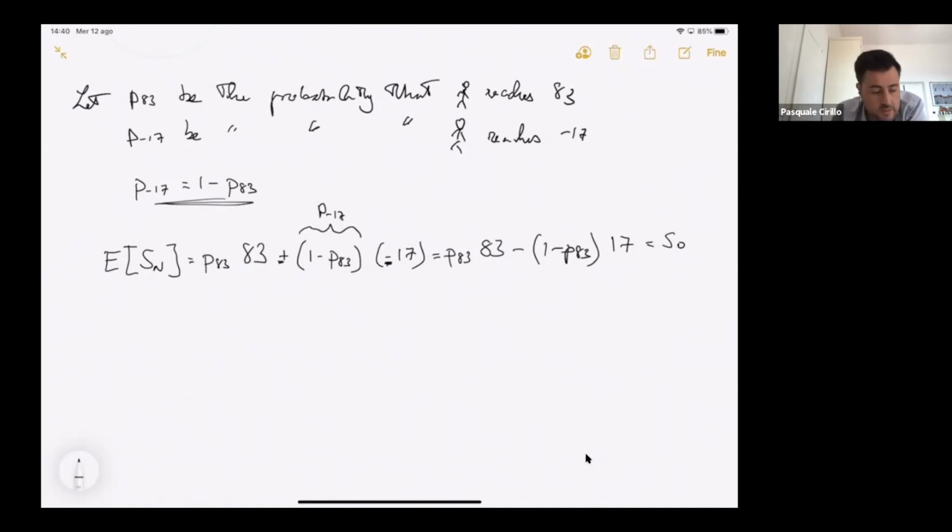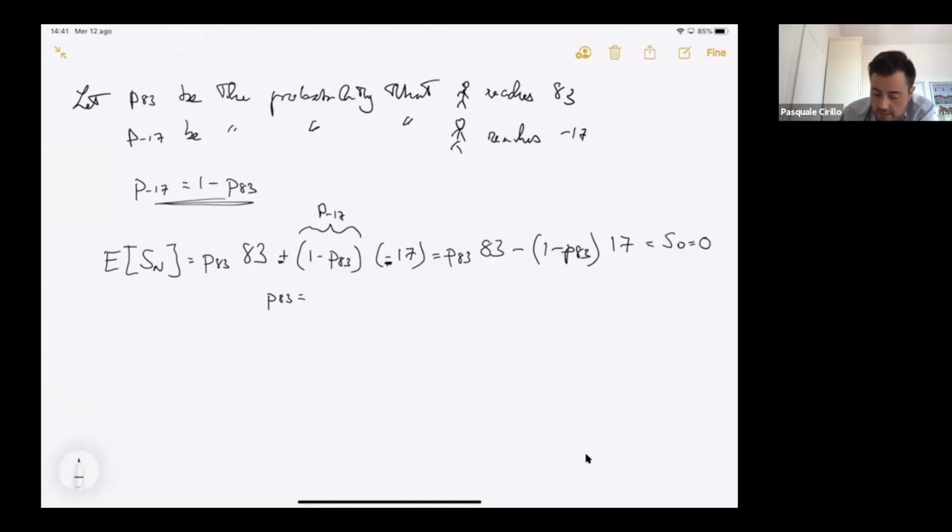It needs to be 0 because this is a martingale, and S0 is 0. If I solve this, I get that P83 is equal to 83 P83 minus 17 plus 17 P83.